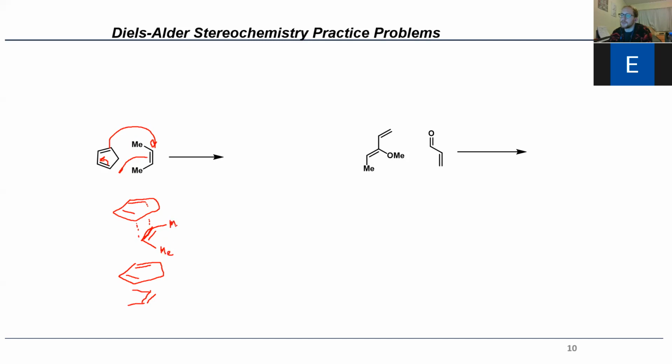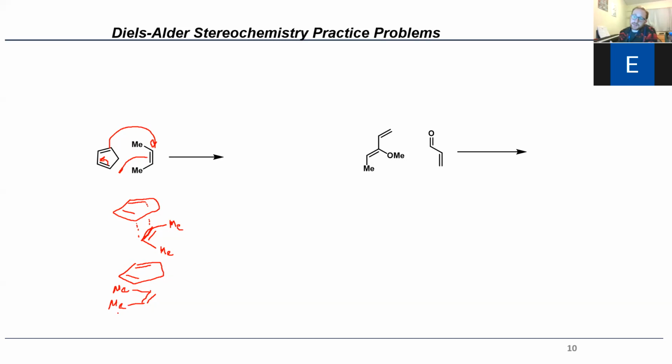Now, in this case, we have a dienophile that does not have a good endo donor or acceptor, right? There's no pi character to these positions, and so it cannot stabilize the endo transition state through the secondary orbital interaction, right? There's no pi orbitals to overlap.